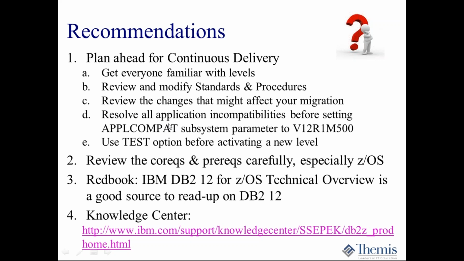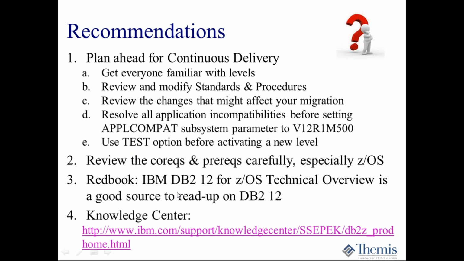You know, one of those little things on one of our boxes. You want to resolve any application incompatibilities before setting your Apple Compat to the new function level. Okay? And use the test option when you want to activate a new level.